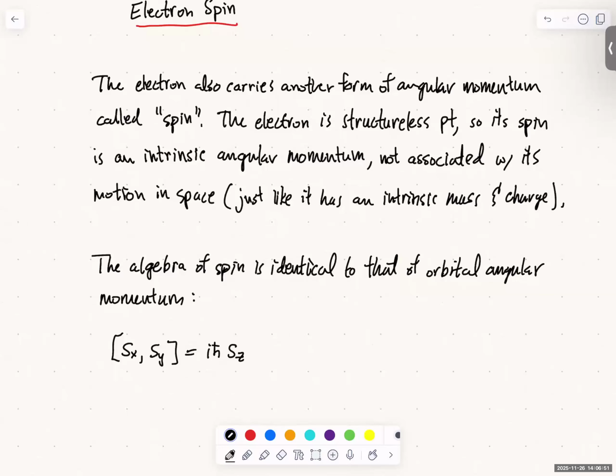This works for any combination of x, y, and z inside the commutator, as long as we preserve the order of x, y, z. So if I put y, z, I'm getting x on the outside: the commutator of S_y and S_z equals i h bar S_x.